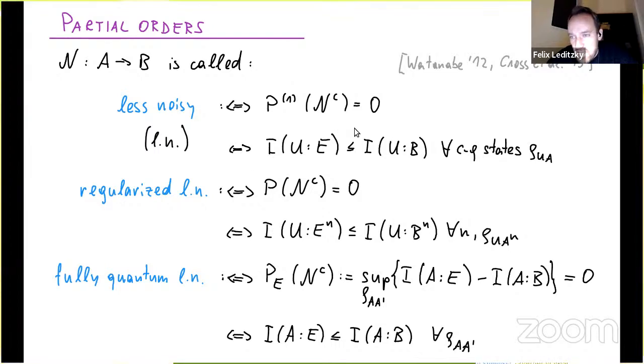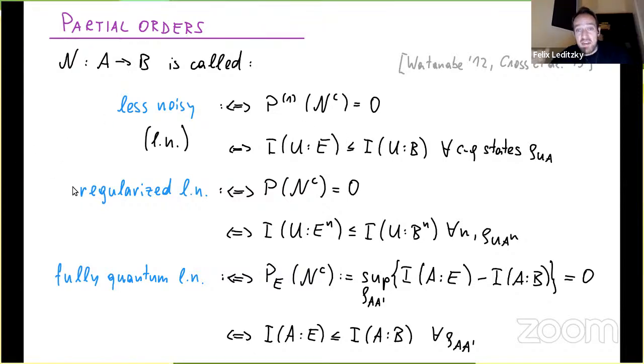If you want to write this out in entropic terms, this means that if you take CQ states rho UA, then the mutual information of U and E can never be larger than the mutual information of U and B. This needs to hold for all CQ states. And degradable channels are an example of this, okay?